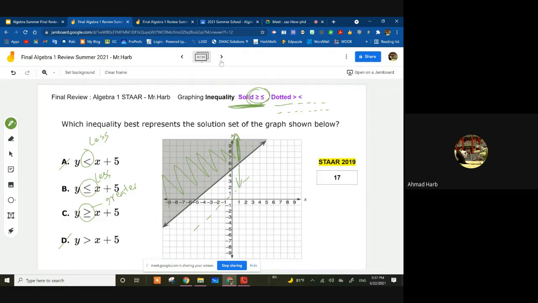As you can notice, the shade is bigger than 5. So which one says bigger? It is the one with the greater. So you didn't need a graphing calculator for this. Right here is greater than 5, so it's shaded above. If it's less, you're going to shade the bottom.